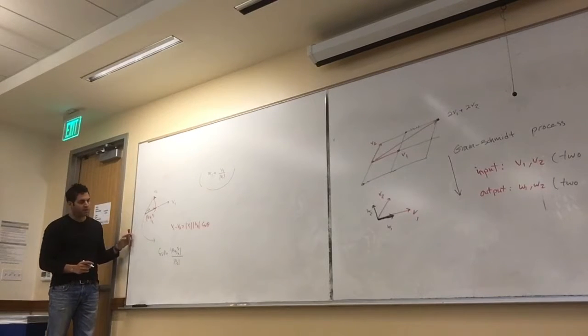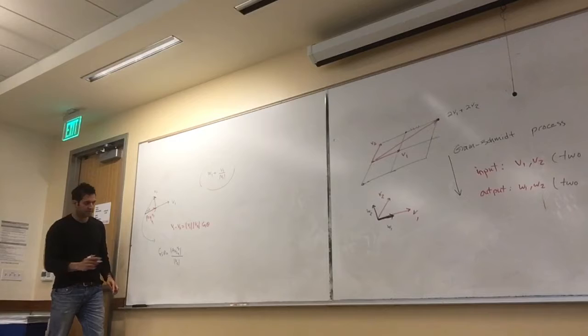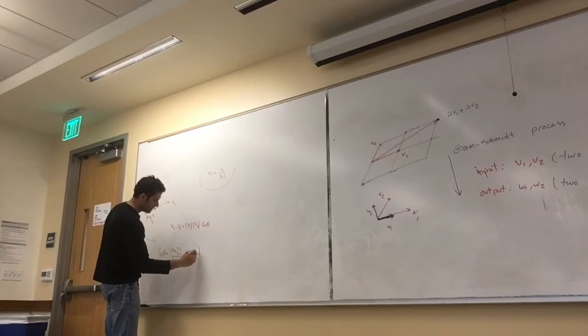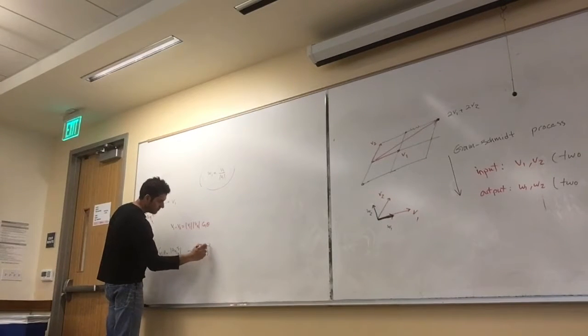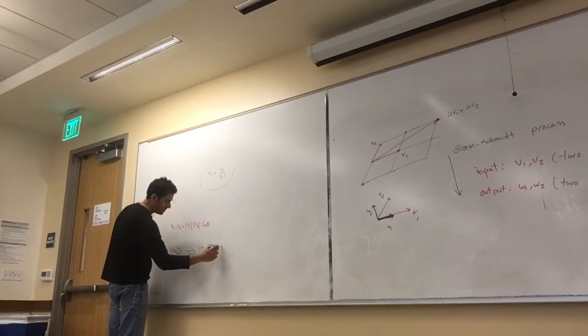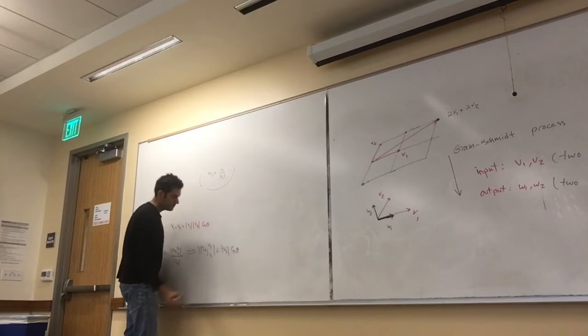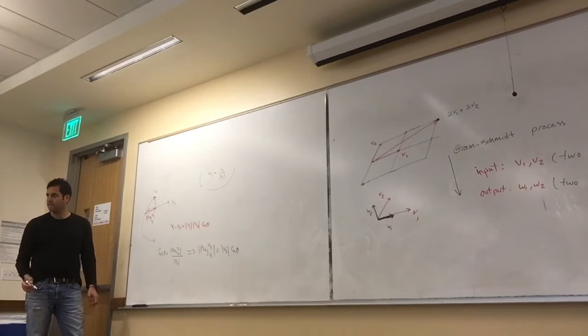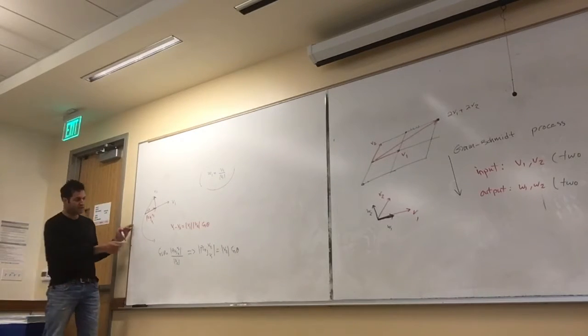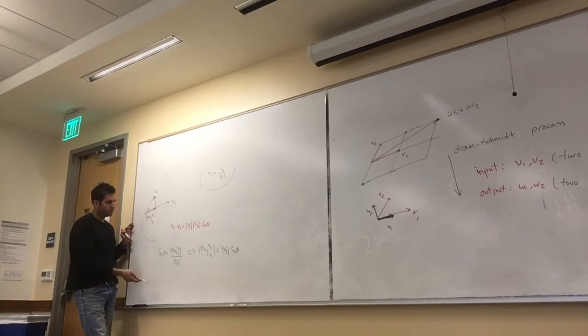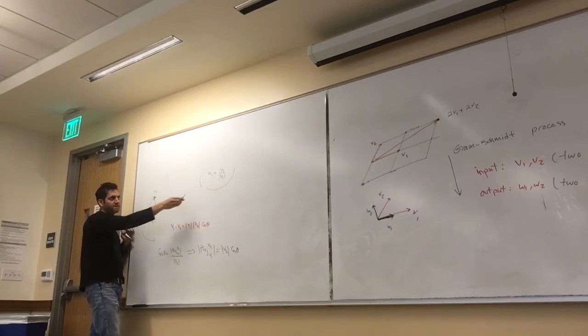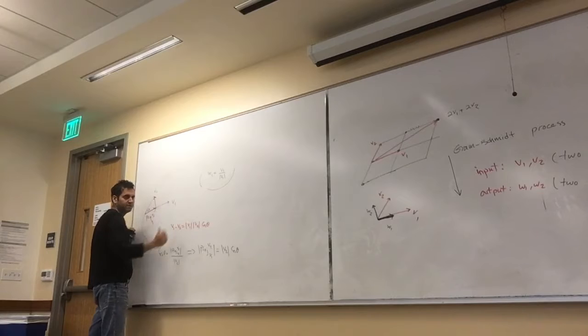So I can figure out the size of the projection: the size of the projection of V2 onto V1 is just V2 times the cosine of theta. So I can find the size of this. I can find this direction. This direction is easy, I already found it. That's just V1 over its size.